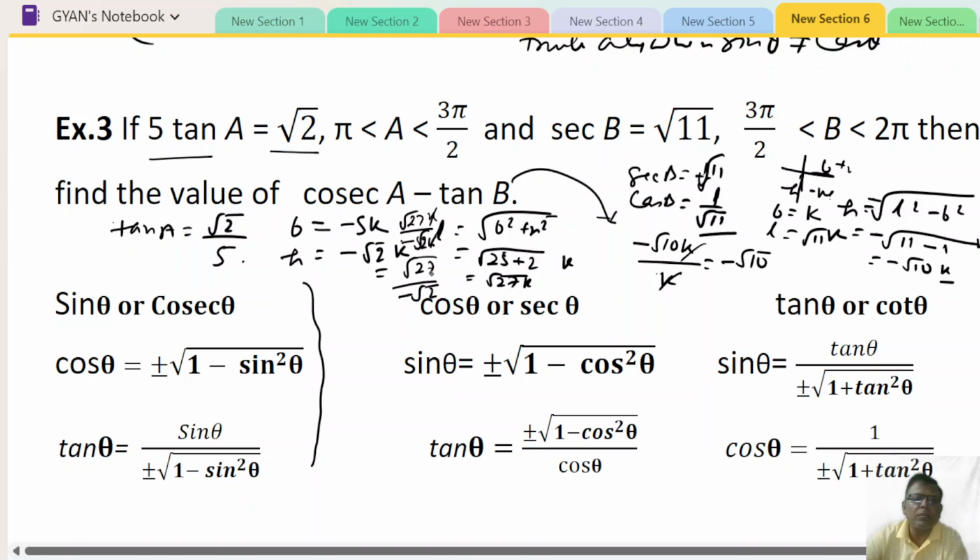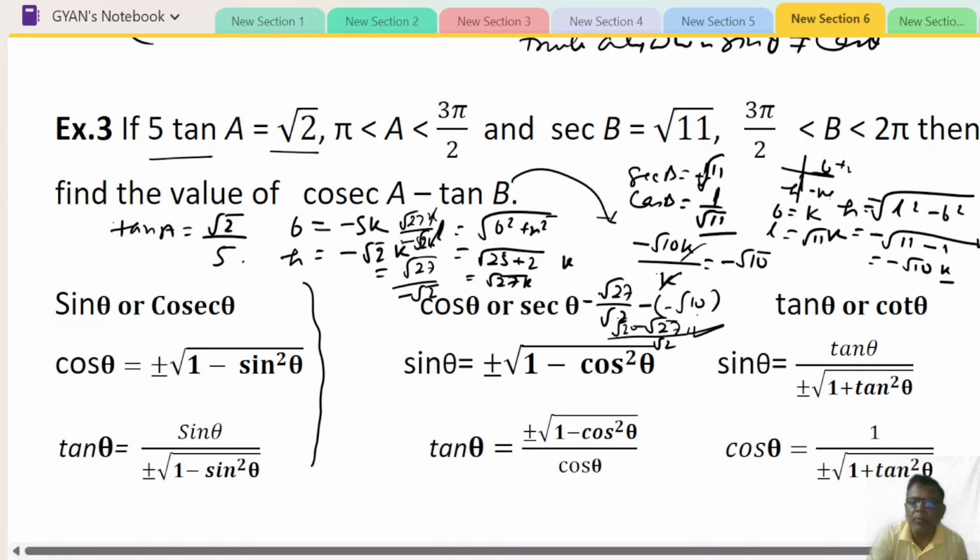So here we got root 27 by root 2 minus, and here minus and this minus plus. So minus of minus root 10. So minus plus. Then we take the root 2. So root 27 minus and 2 and 10. Root 20 by root 2 is the answer.